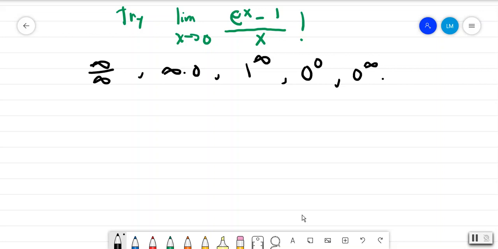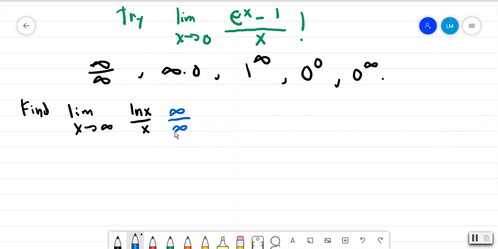Let's say that you try another one, such as the limit as x approaches infinity for natural log of x divided by x. Now if we look at this, we see that it approaches infinity over infinity.